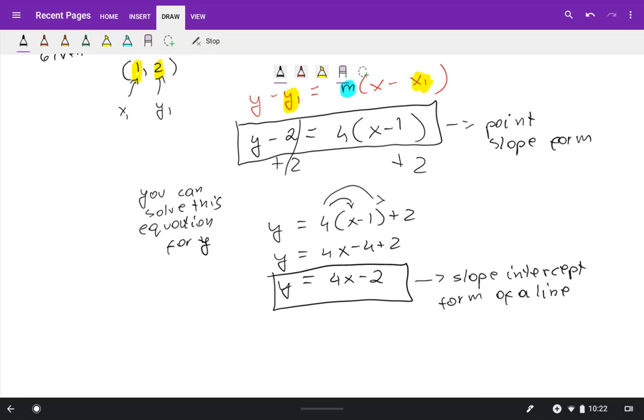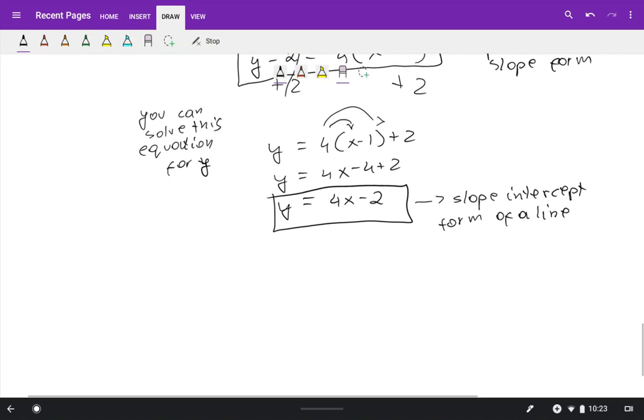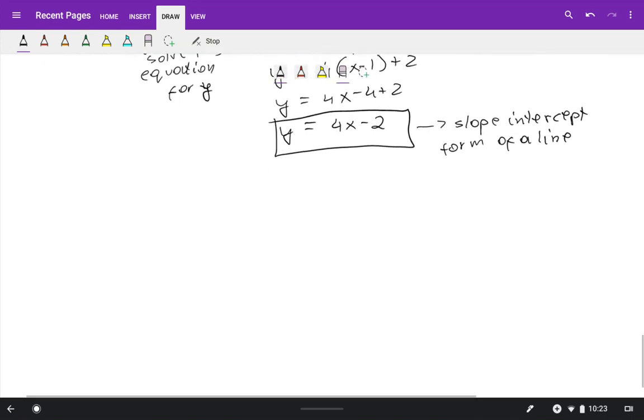Slope intercept form tells you that the number which stands by itself is the y-intercept, and the coefficient in front of x is the slope. But before we move to this one, let me also talk about the horizontal line, because this is our objective.